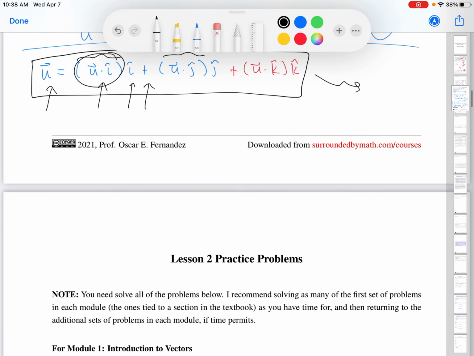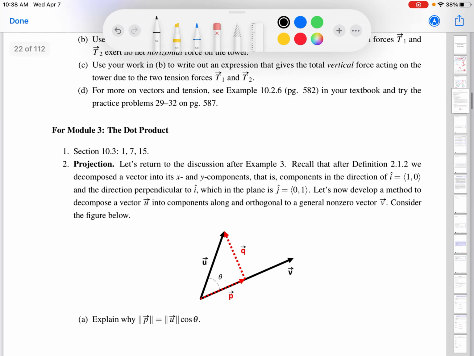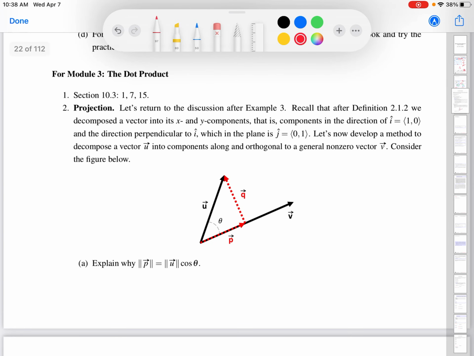So if I wanted to, for example, down here, look at this vector u, and I want to project it along the vector v, by which I mean, what if I were standing right on top of u and I had a flashlight and I turned it on? The shadow that this light would cast, where would it stop? I could call that length the projection of u onto v.